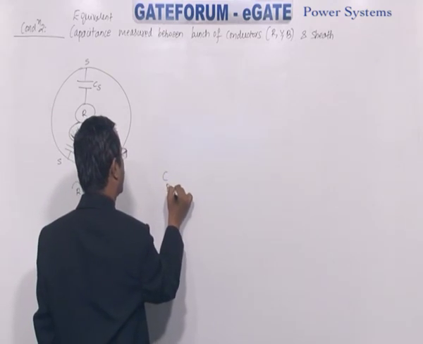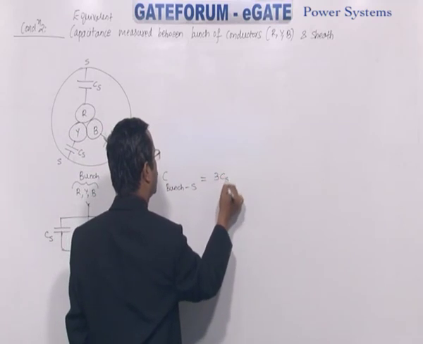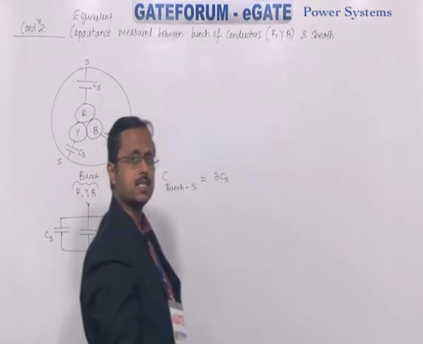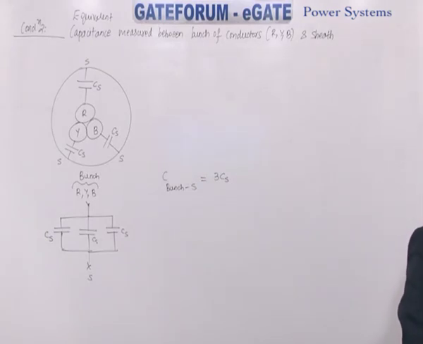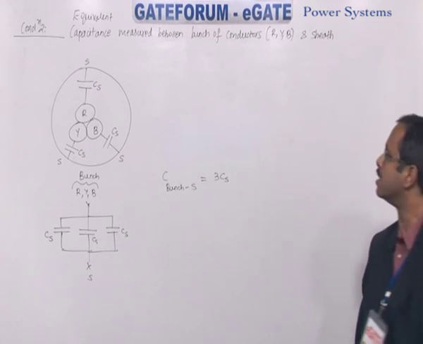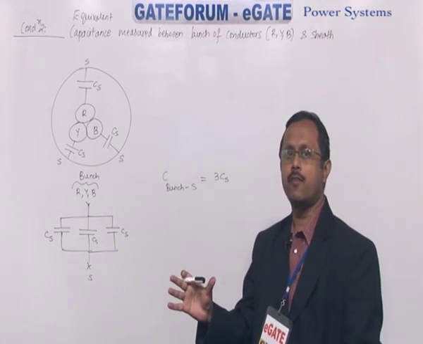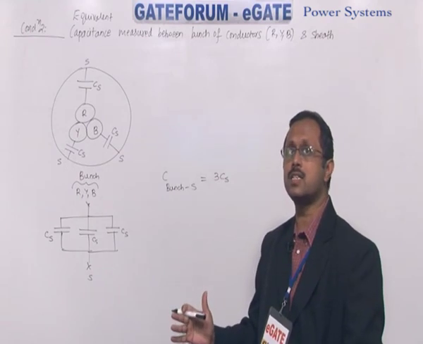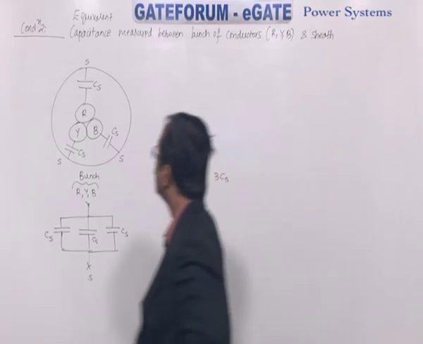So what is the equivalent capacitance between bunch and sheath? You get 3 CS. So the capacitance between a bunch of RYB phase conductors and sheath, how much it is? 3 times CS.